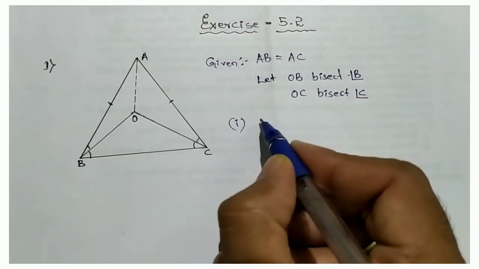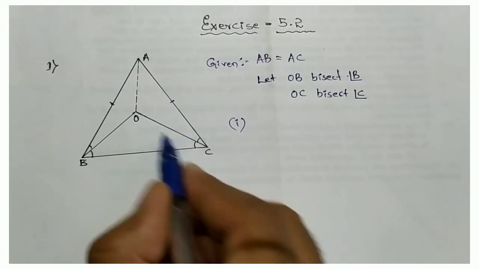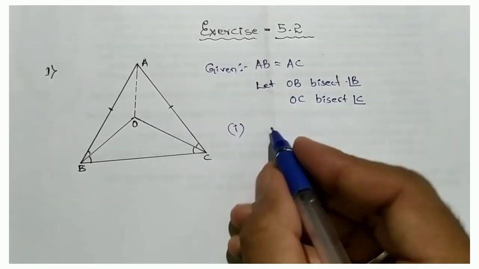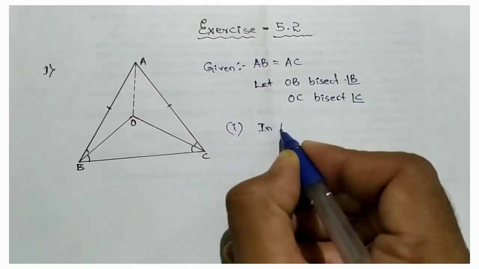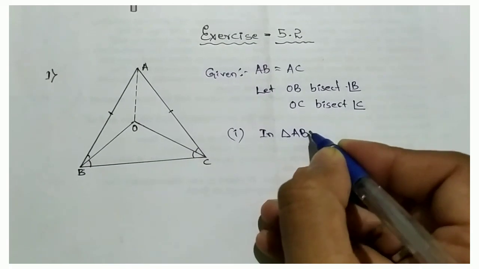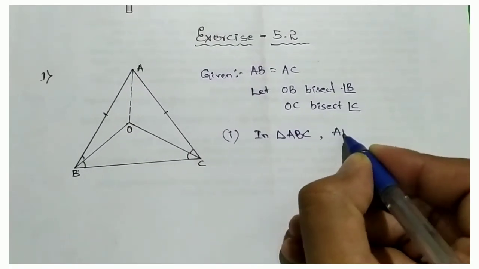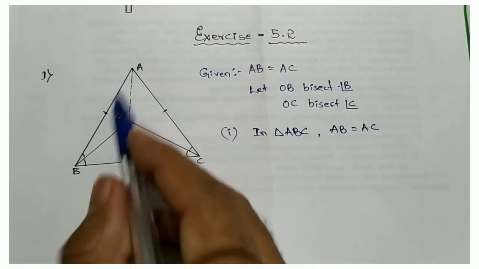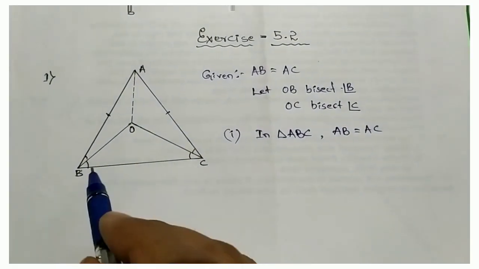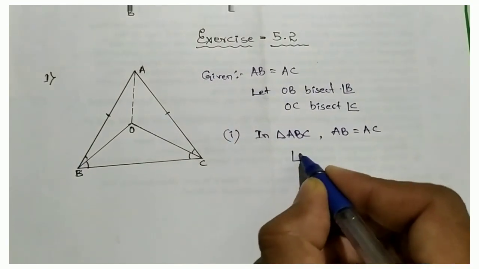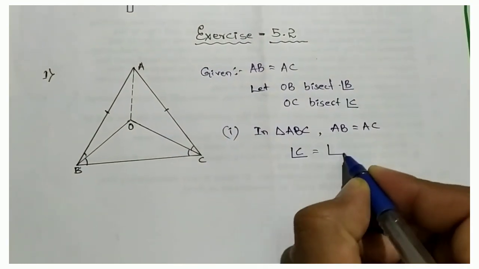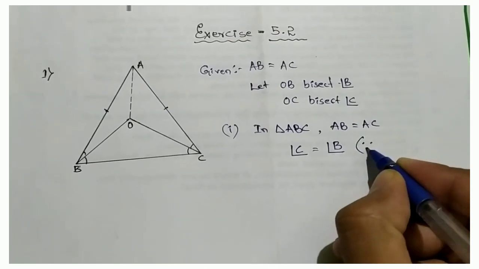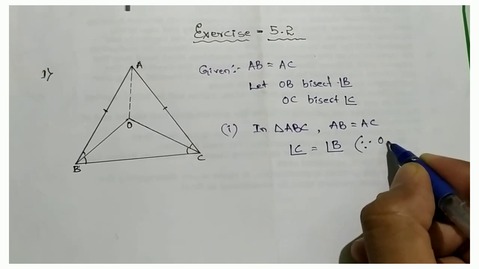Now the first condition: what we have to show? We have to show that OB equal to OC. Using AB equal to AC in triangle ABC, if AB equal to AC then the opposite angles will be equal. Angle C equal to angle B, because opposite angles of equal sides.